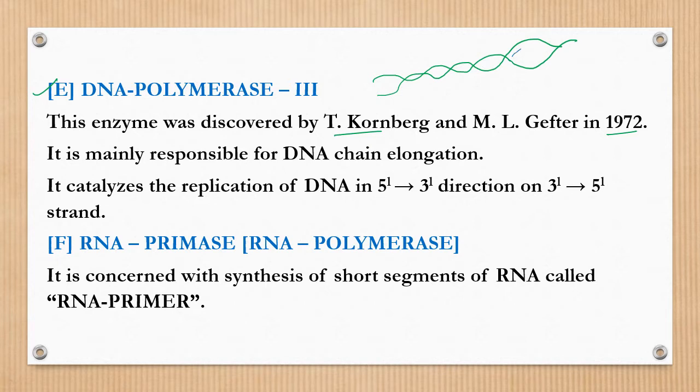It is initiated like this and it is elongated. The newly synthesized strand is elongated parallel to the old strand. That elongation of the new DNA molecule is regulated by DNA polymerase 3, that is its main function. Remember, DNA chain elongation is regulated by DNA polymerase 3.